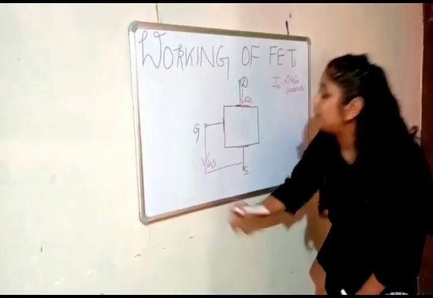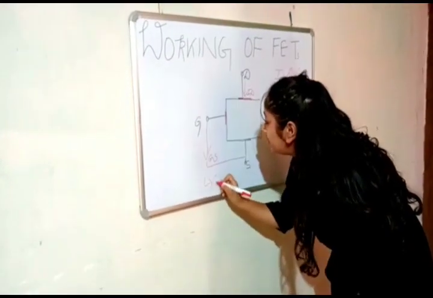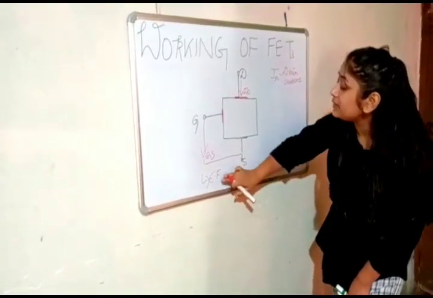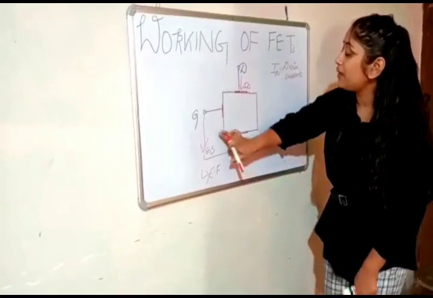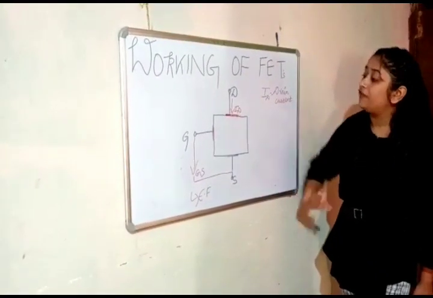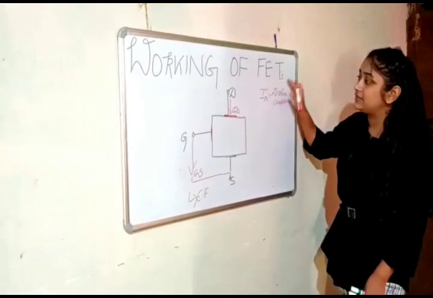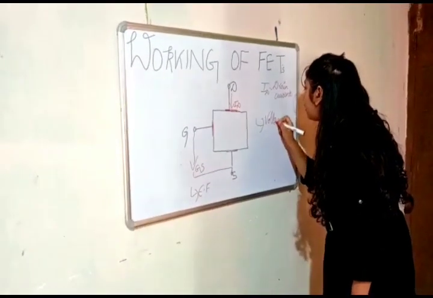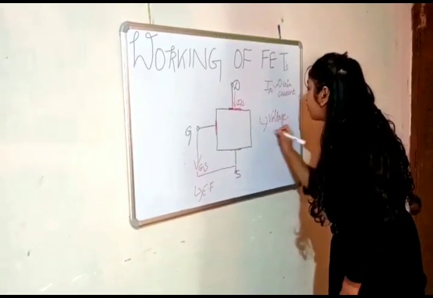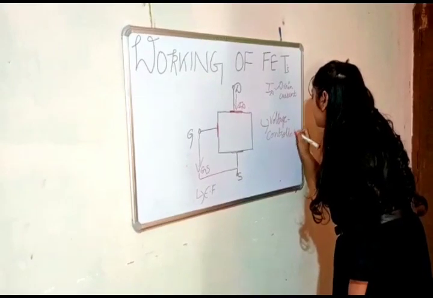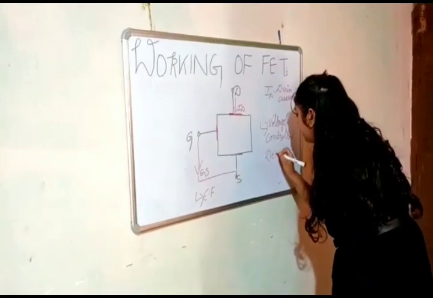This applied voltage generates an electric field within the device. By controlling this electric field, or in a way by controlling this voltage, we can control the flow of current. For this reason, field effect transistor is also known as a voltage controlled device.